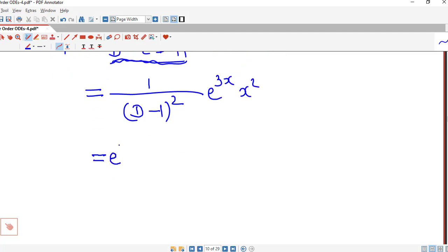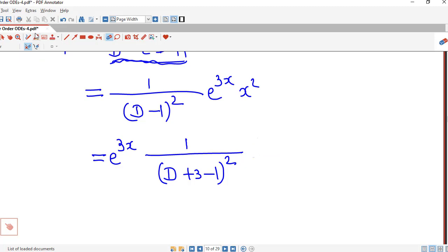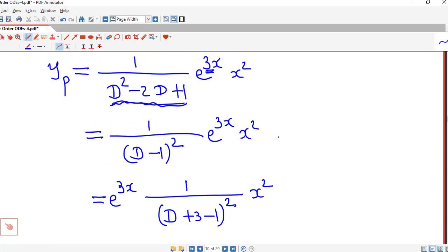We take e raised to 3x outside, and here we replace d by d plus 3. So we write d plus 3 minus 1 whole square, e raised to 3x is now outside, so this operates on x square.